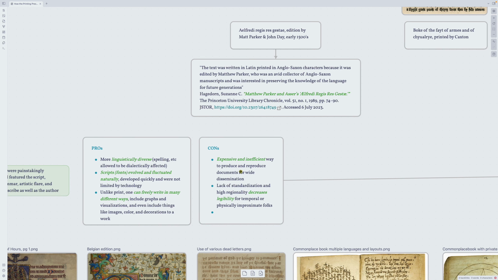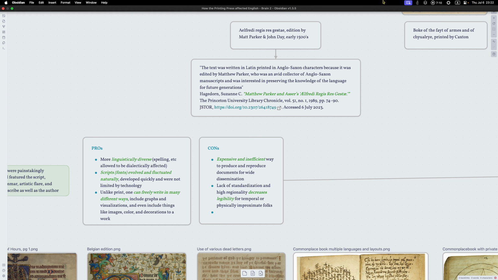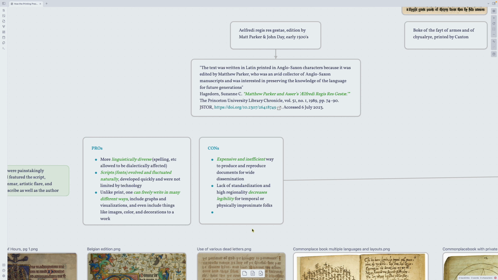Some of the negative things, like I said before, it's expensive and inefficient. So basically you're having to have a person spend a lot of time on each of these texts, which makes it harder to disseminate, and also is just not as effective in terms of these variations, as good as they are linguistically and looking at it scientifically, and the fact that diversity drives change and helps things to evolve more quickly.